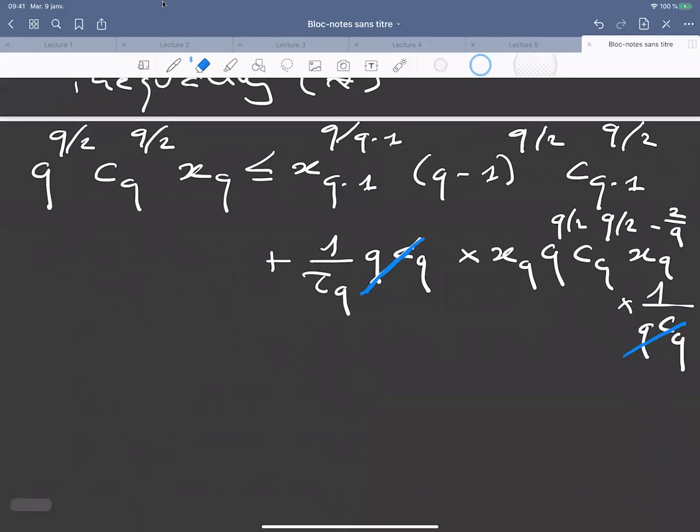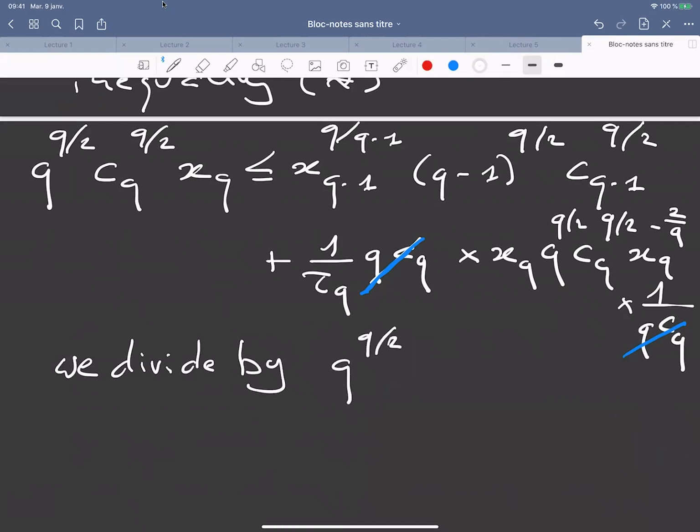Okay, now we divide by q to the power q over 2 times cq to the power q over 2.